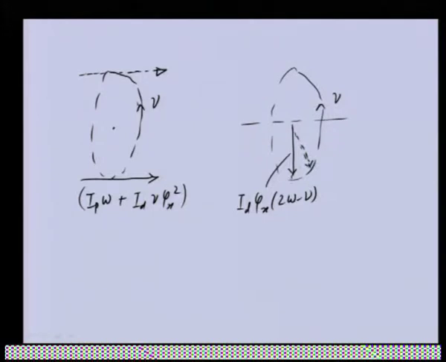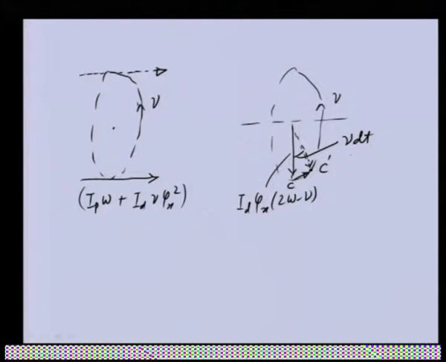So, if this is the point C and this is C prime after delta time t, then the direction of this particular angular momentum is changing, and because of this there will be a change in the angular momentum, which will be CC prime. And we know that this angle is nothing but nu into dt, because the whirling frequency is nu, and for delta time t, this particular angle will be nu into delta t.